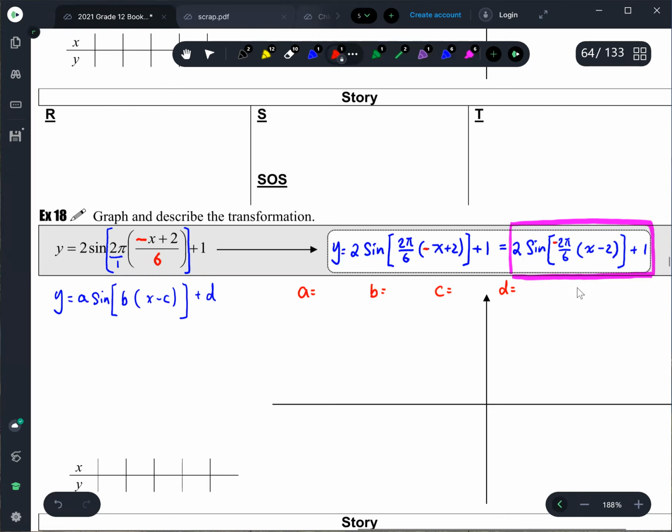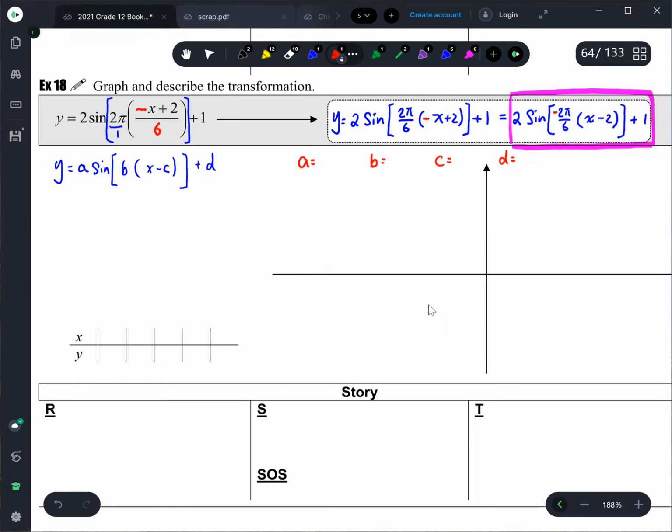How we get to the ABCD form? Please write down the values for ABCD. This time I'll let you carry out more by yourself. After you get the ABCD, please write down all the story, RST, everything.